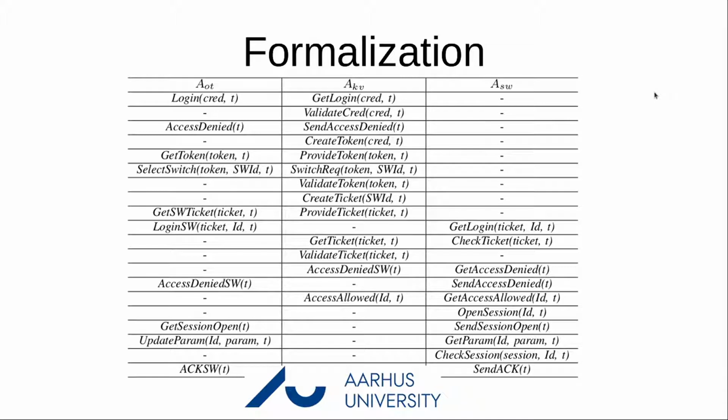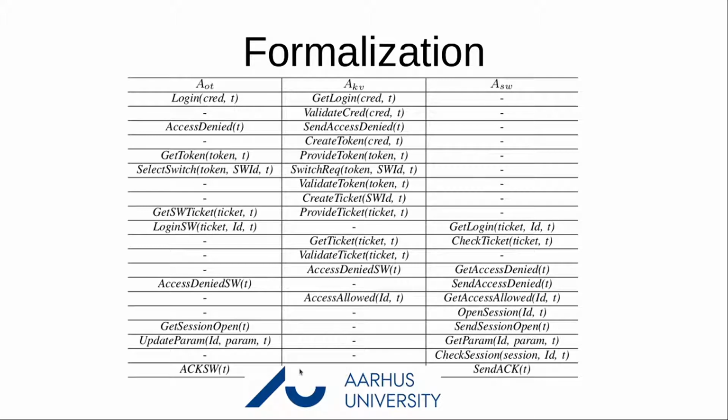So the second part here was run as a radius-like flow. Now, let's get a little bit into formalization. This is a quick overview of the table of all the actions that are present, and they are arranged by component. So we have some actions that are available for the operating terminal, some that are for key vault, and some that are for the switch.